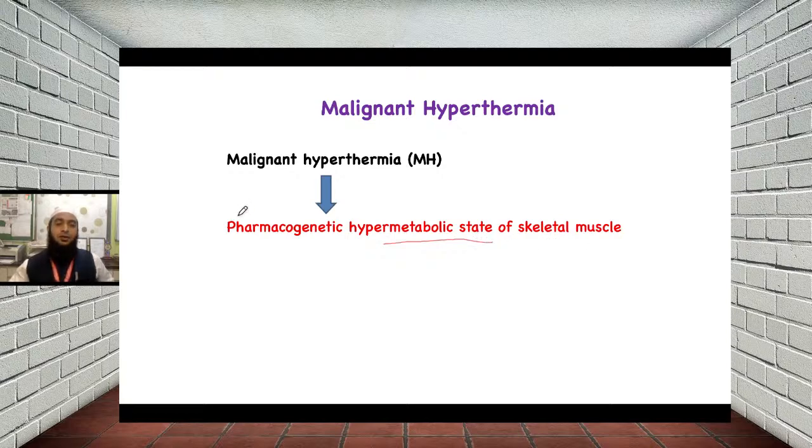Now let's try to understand what we mean by pharmacogenetic. Do remember that if a drug shows an abnormal reaction only in a few patients, not in all patients, that clearly indicates it is due to a genetic abnormality in that particular patient.